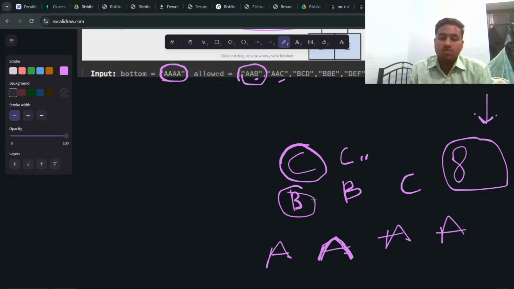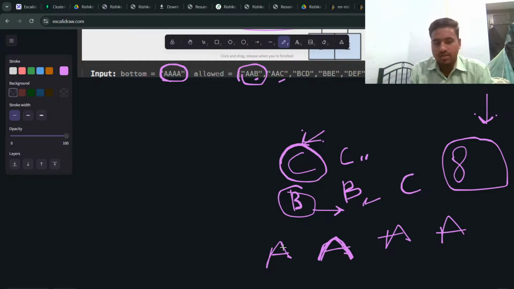We don't know which gives the answer, so we need to go along with both solutions, and see whether B gives it or C gives it.